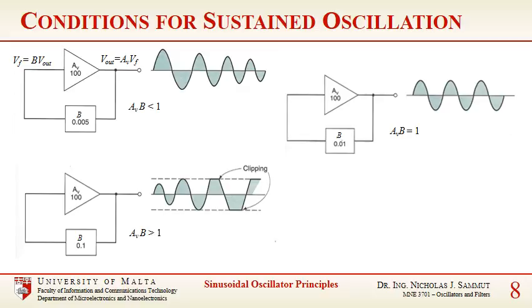At the bottom left, however, you've got a gain that is larger than 1, because AV is 100 and the attenuation B is 0.1, so the oscillations will increase and increase until they reach the power supply limit and start to clip. However, if you've got a gain equal to 1, then AV is equal to 100 and B, the attenuation, is equal to 0.01.